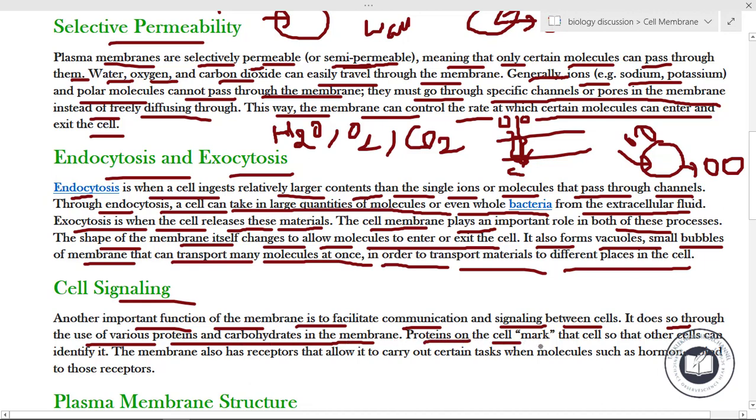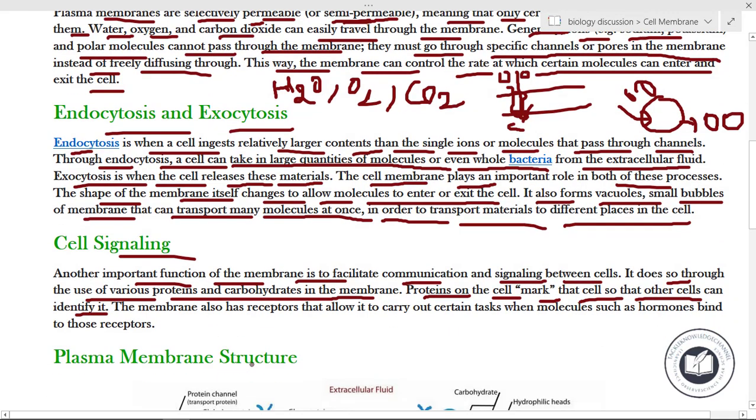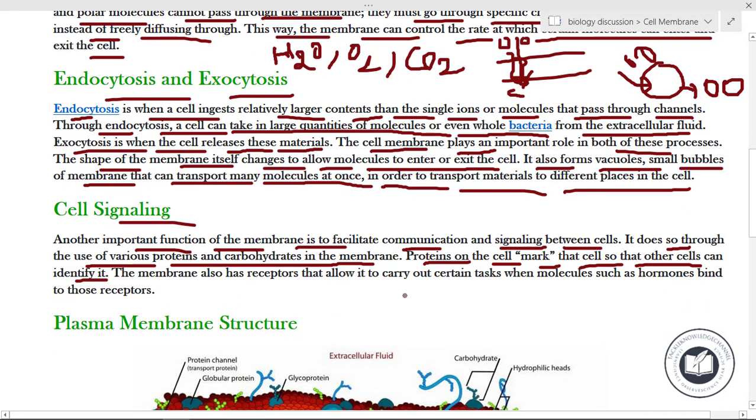Proteins on the cell mark that cell so that other cells can identify it. The membrane also has receptors that allow it to carry out certain tasks when molecules such as hormones bind to those receptors.